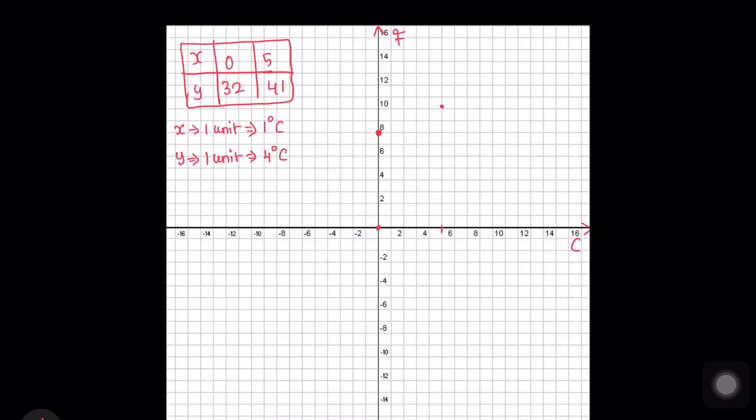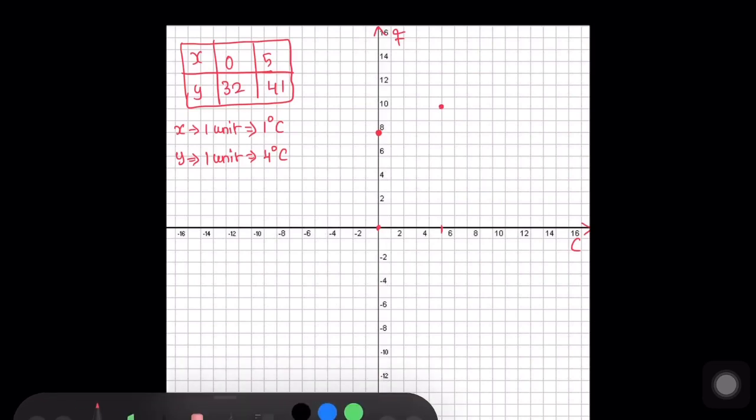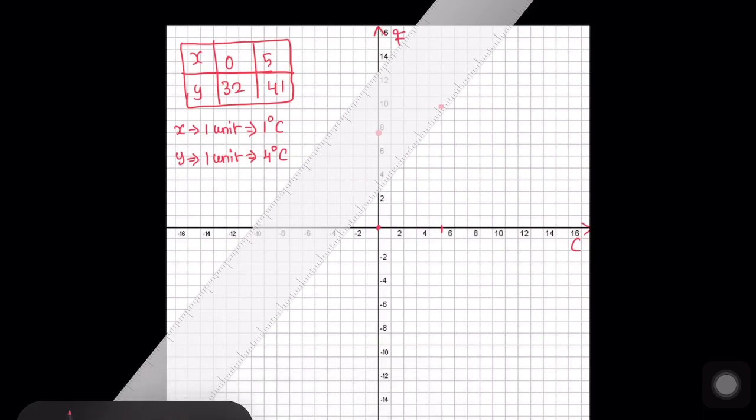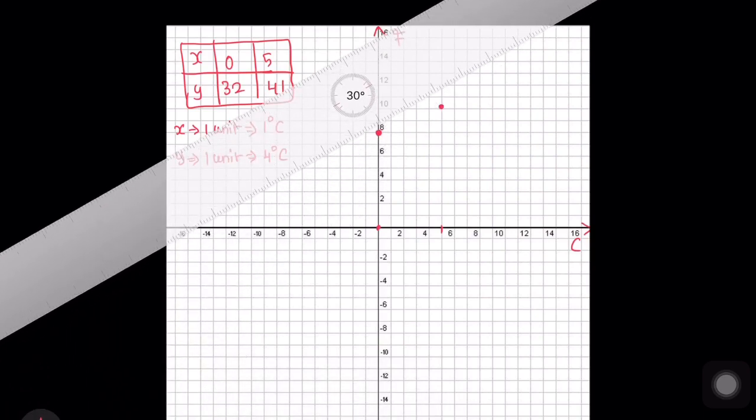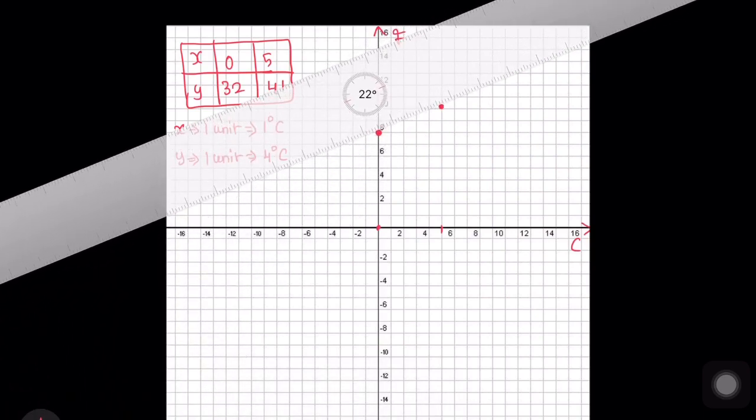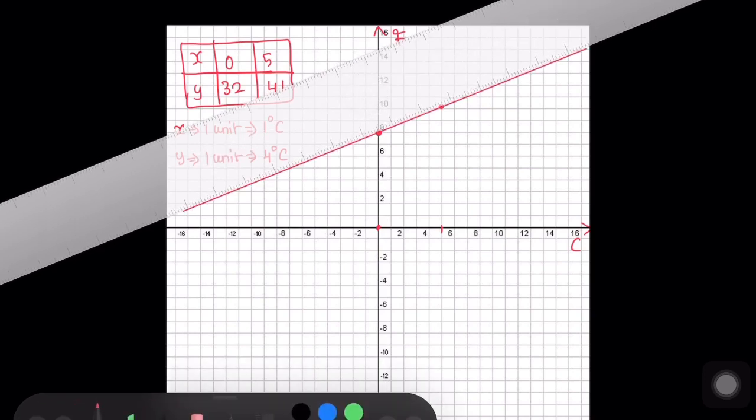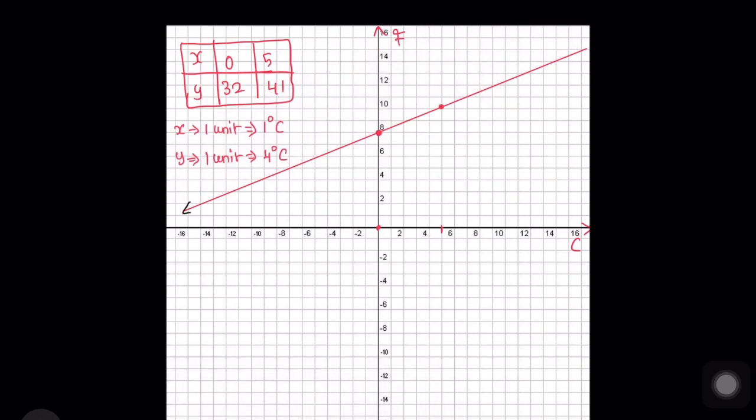So this point. This point is (0, 32) and this position is (5, 41), and this line is the given linear equation y = 9/5 x + 32.